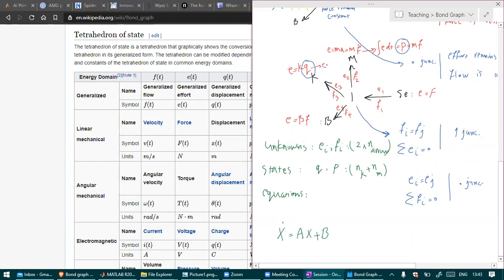So I have to differentiate, and I get E dot equal to KF. Okay, disregard that, this is not important here. The only important thing is basically Q dot is equal to F. And the only important thing here is that P dot is equal to E.